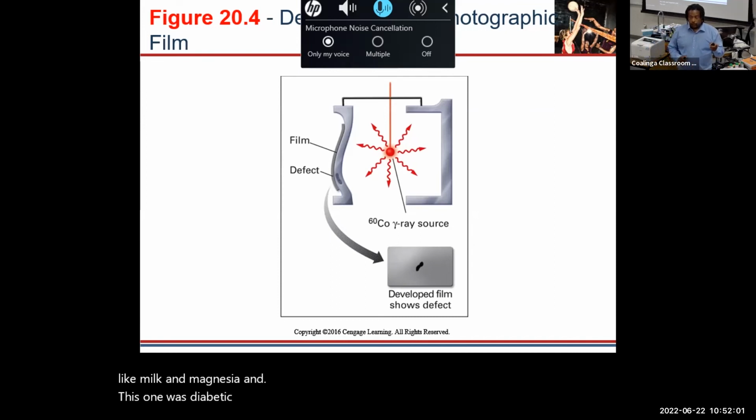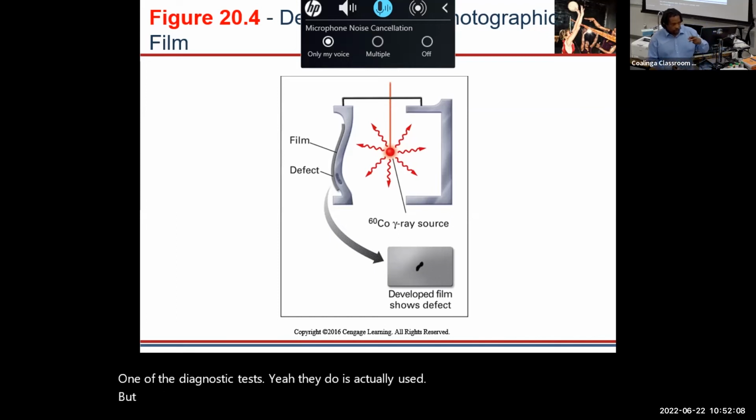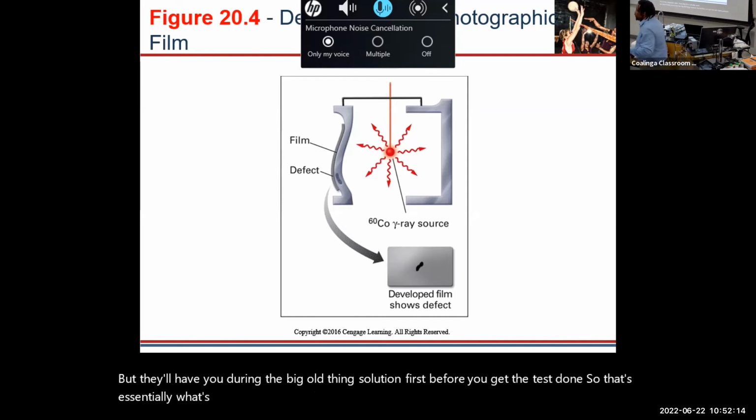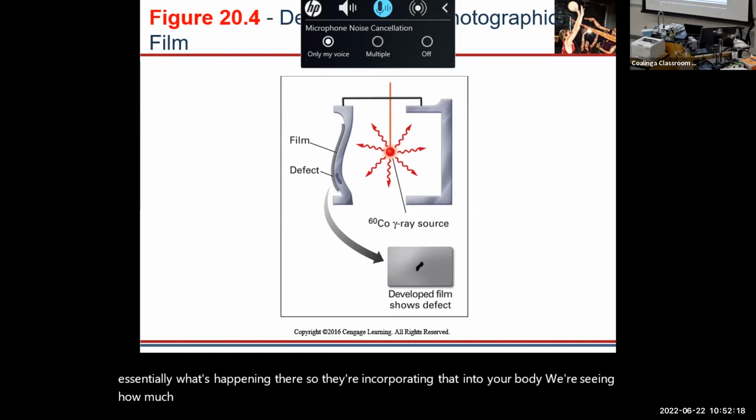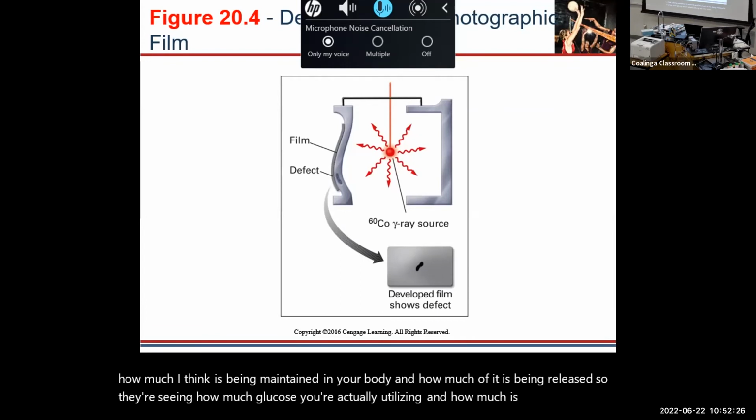Yeah, that's what it does, it actually uses radioactive material. They'll have you drink a big old thing of solution first before you get the test done. Yep, so that's essentially what's happening there. They're incorporating that into your body. They're seeing how much of it is being maintained in your body and how much of it is being released. So they're seeing how much glucose you're actually utilizing and how much is being disposed.